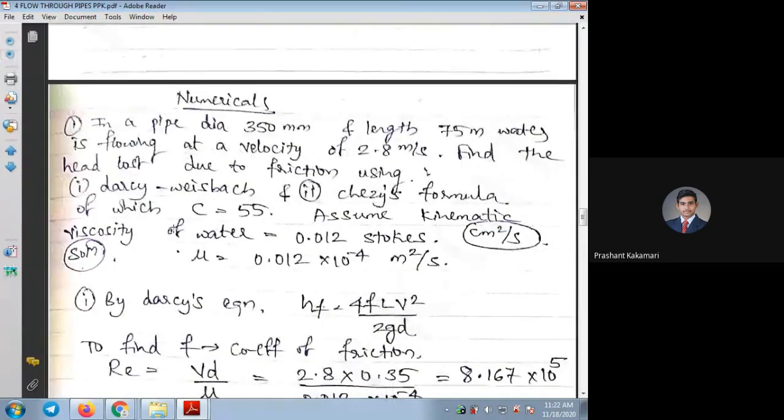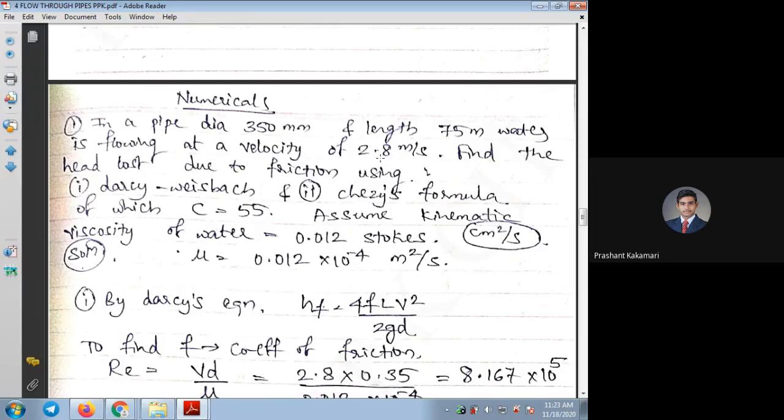Yes. So the first problem: in a pipe of diameter 350 mm, we take it as the inner diameter, the length of the pipe is 75 meters. Water is flowing at a velocity of 2.8 meters per second.